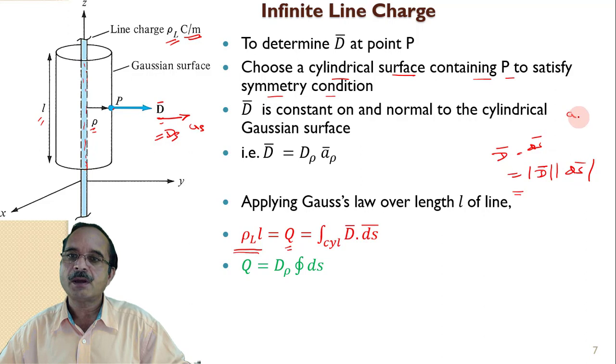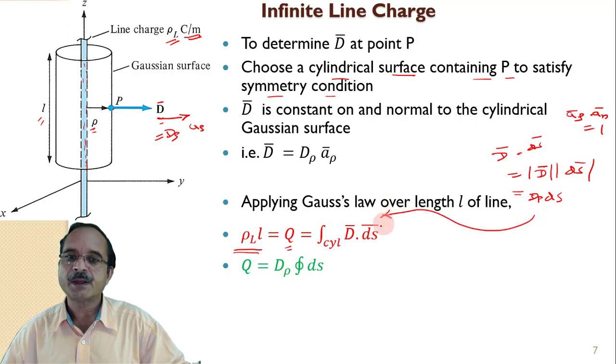So a rho dot an is equal to 1, as we have seen earlier. So the magnitude of D, that is d rho, multiplied by ds. This I substitute here, taking d rho outside, and let us carry out the integral over this surface of the cylinder.